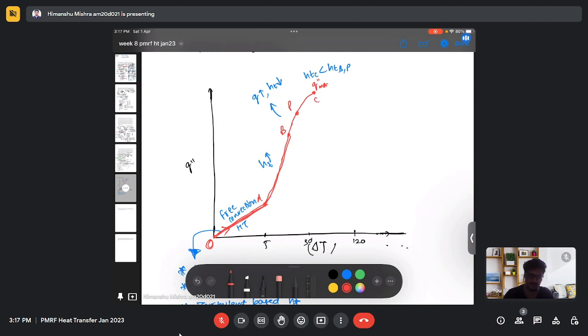So my heat transfer coefficient will start decreasing, and on further increment in the temperature, it suddenly decreases to a minimum heat flux here, which is, let's say, point D. So this is my transition regime. This is my nucleate regime.